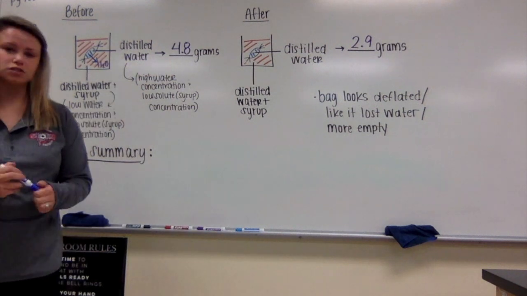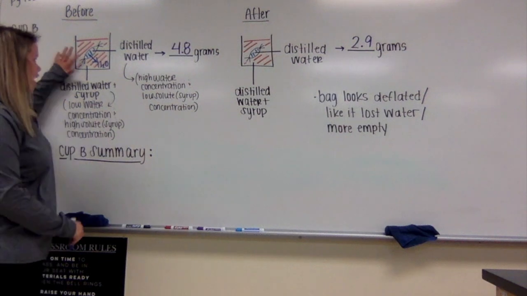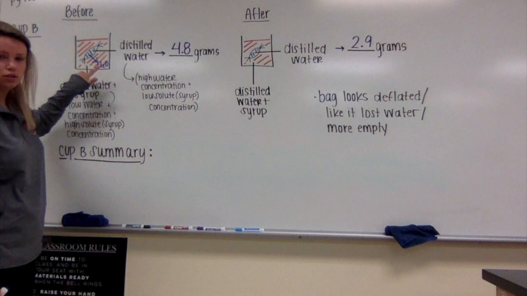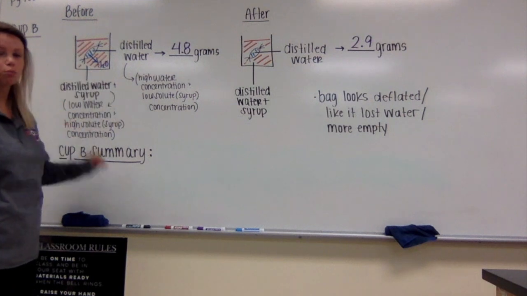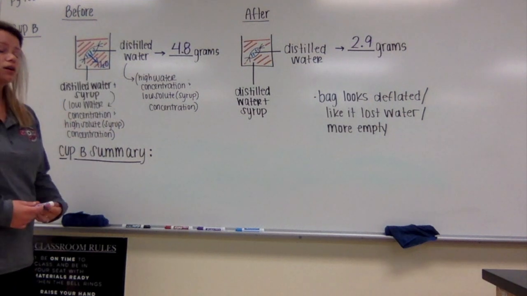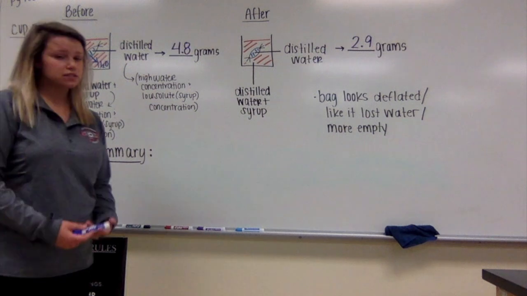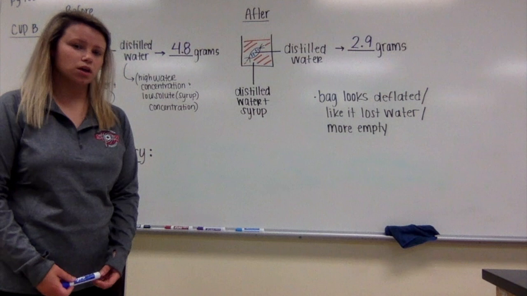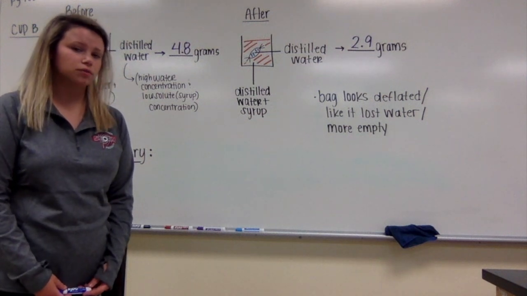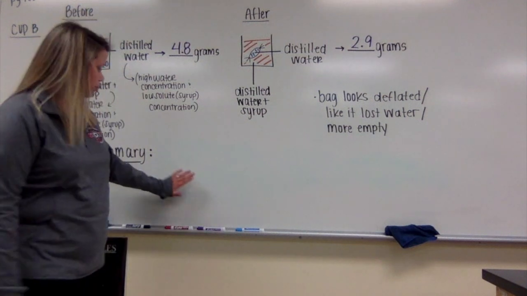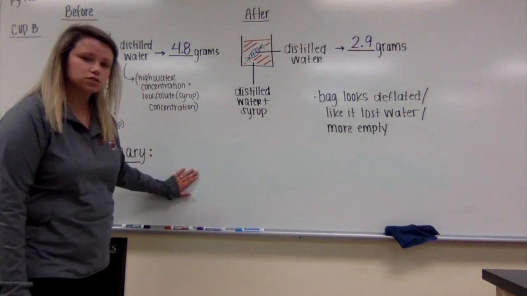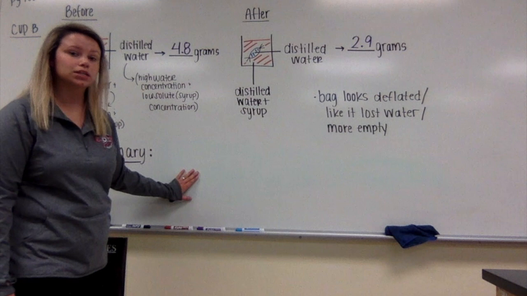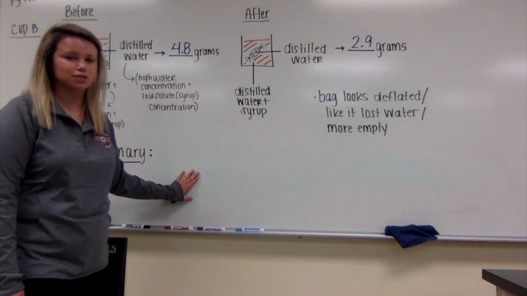And so this is showing us that water is diffusing out of the dialysis tubing bag by osmosis. I want you to take a second, turn to the people at your table, and just like we did for cup A, I want you to come up with a succinct one-sentence summary for what happened in cup B. Go ahead and pause the video.